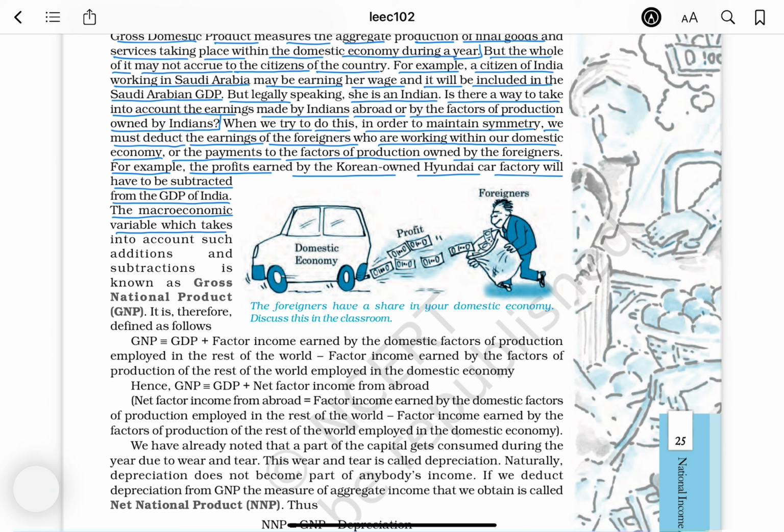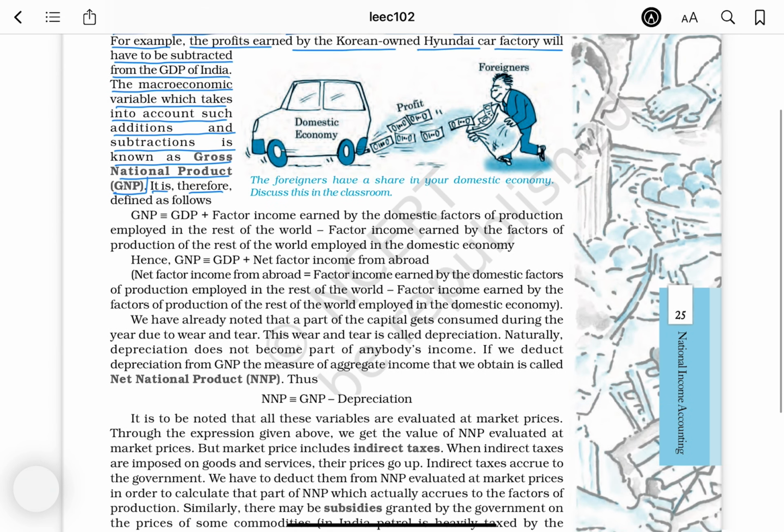The macroeconomic variable which takes into account such additions and subtractions is known as gross national product (GNP). It is therefore defined as follows: GNP equals GDP plus factor income earned by the domestic factors of production employed in the rest of the world minus factor income earned by the factors of production of the rest of the world employed in the domestic economy.